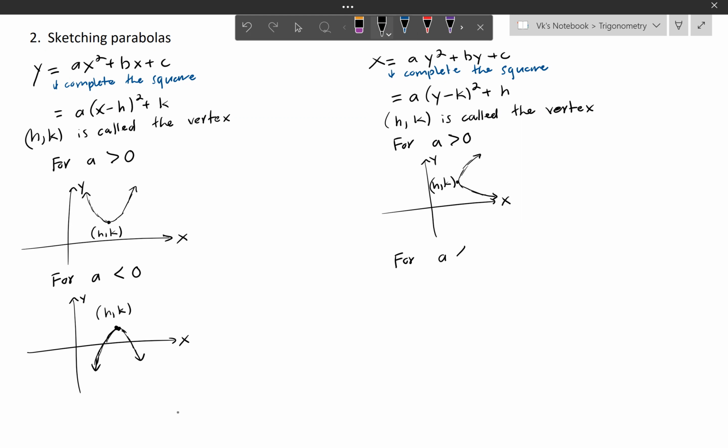For a less than 0, the parabola is going to open to the left. So this is how we sketch a parabola. You just have to figure out the vertex by completing the square.